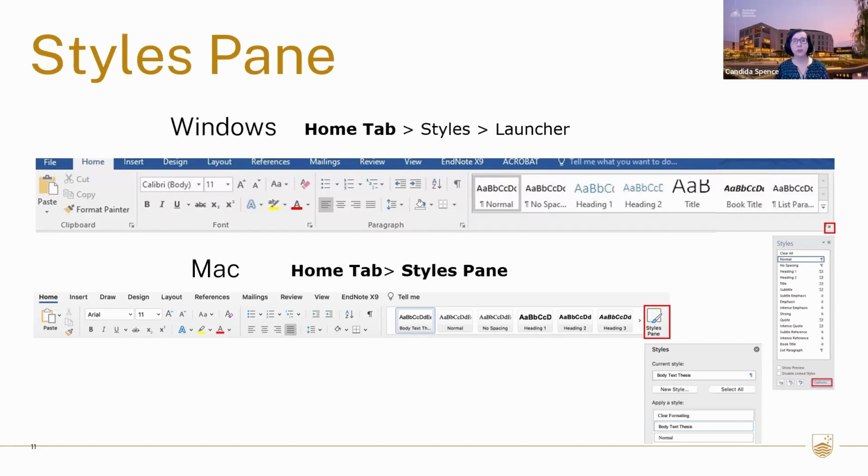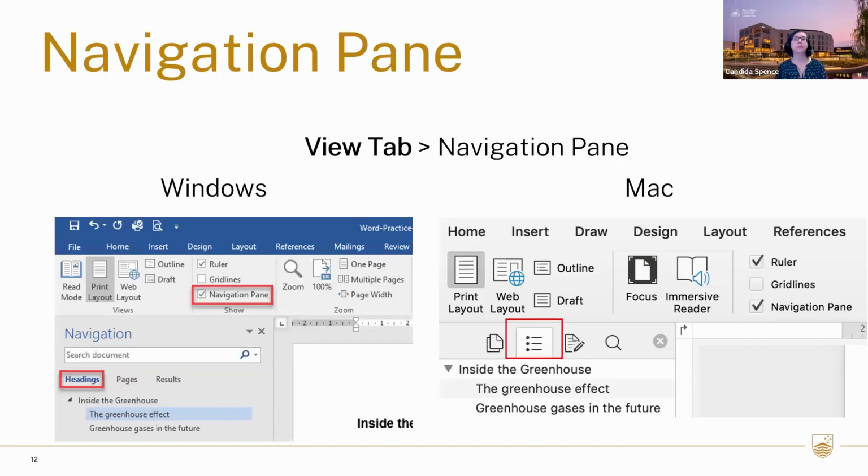The next one is going to be our navigation. It's on our View tab, and you can see the Mac on the right-hand side. Mac, tick box the navigation pane, but where the red square is, you'll need to select to get your headings to show up. Like my example has, it's the second panel in.